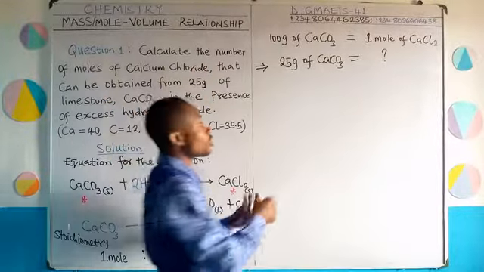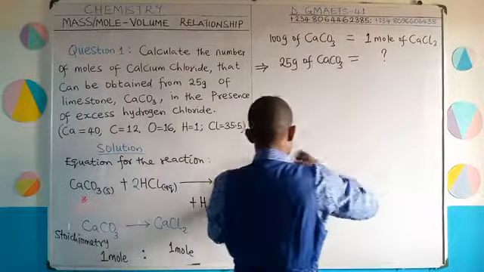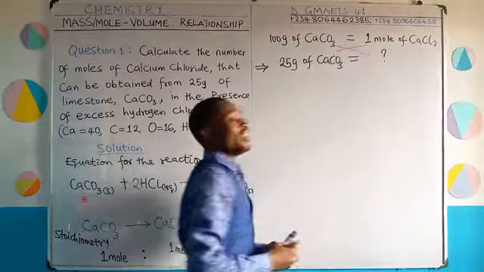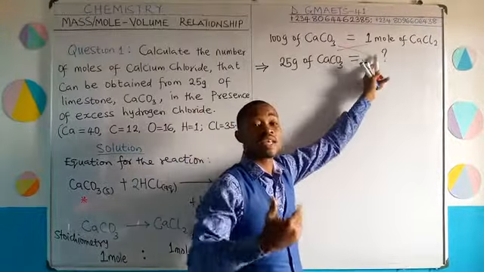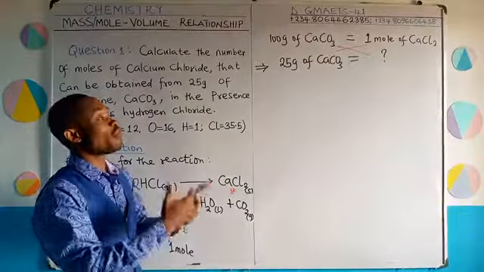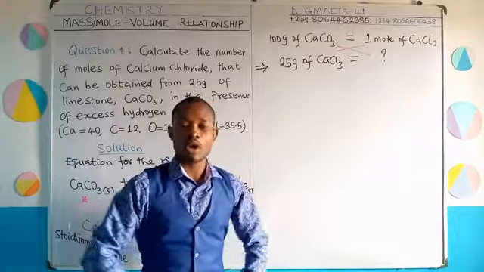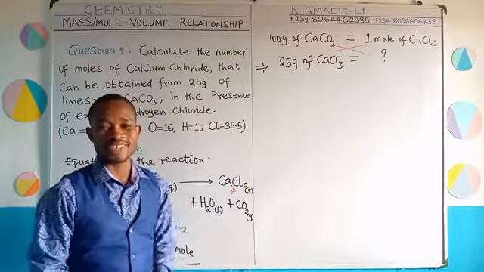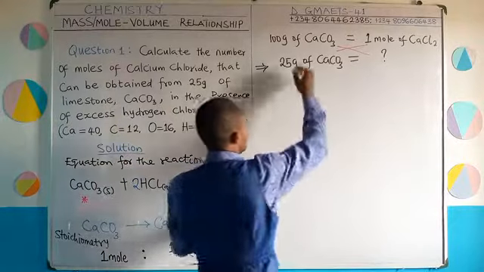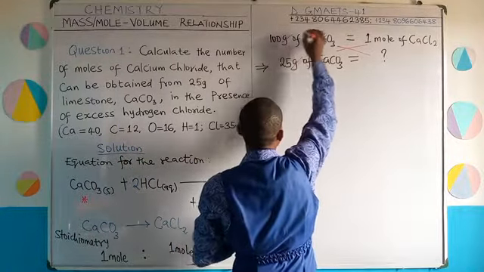At this point, I will do cross multiplication. Let me show you. If you like this question mark, you can call it X. Let 25 grams of limestone produce X mole of calcium chloride, and then solve for X. If you cross multiply, but first you see that this gram and this gram will go off.